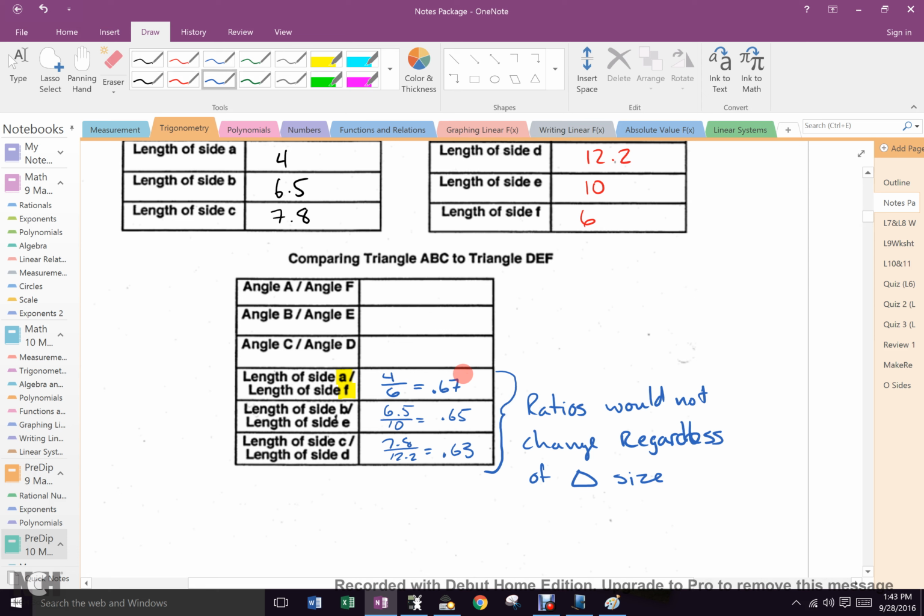Everybody understand? So, if the angles are the same, then this is true. Everybody okay? You can draw a triangle this big on your piece of paper and use that triangle to tell you how far the moon is away from us.